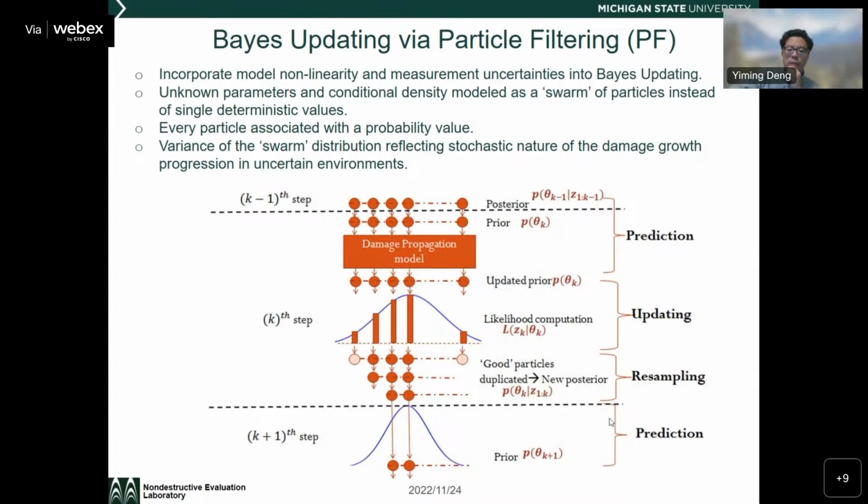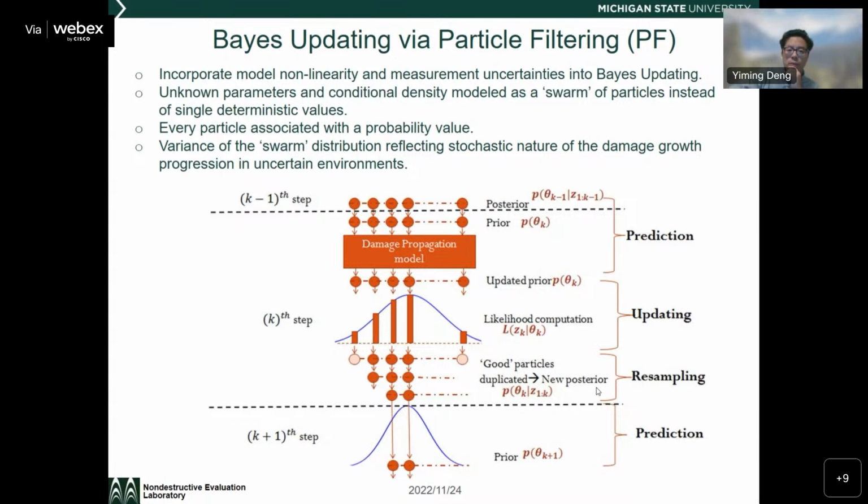And here we have a little bit different notation here where z is the x in the previous slide corresponding to the new data coming in. And the unknown parameters theta and the conditional density model as a swarm of particles instead of a single deterministic value.